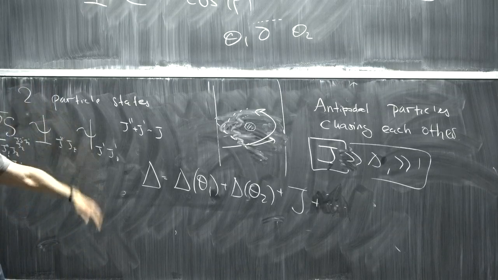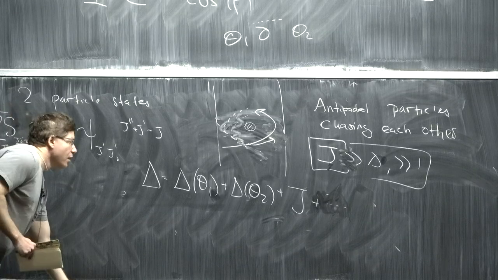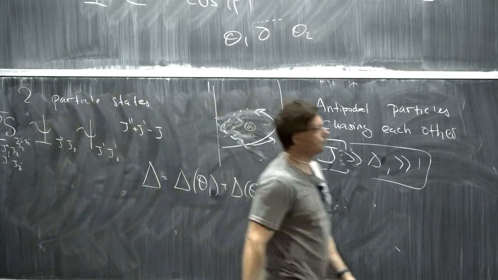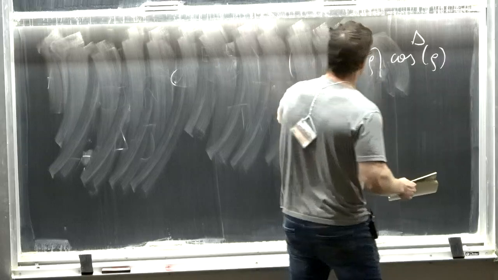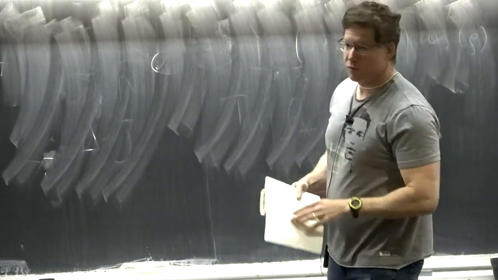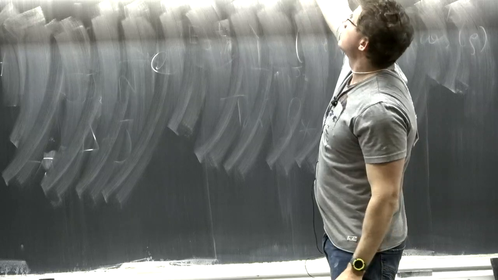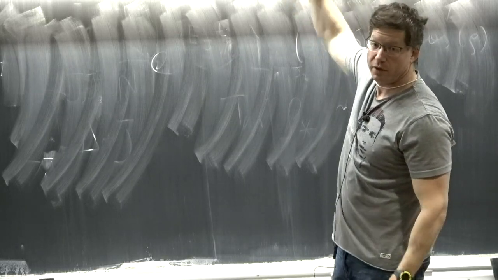Order by order, you can just tautologically reproduce the answer. Okay. And well, as I said, the proof is in the pudding. It also reproduces the bootstrap results. I mean, you can see that this is happening in non-perturbative strongly coupled theories.